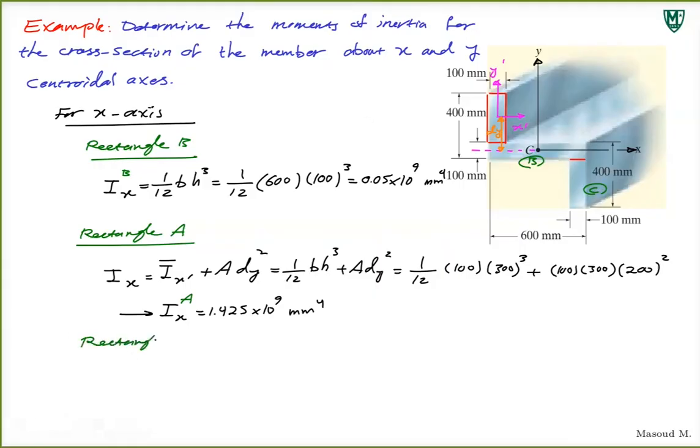Now let's look at rectangle C. Let's clean this up. Let's focus on rectangle C. Let me keep the segmentation here. And this is rectangle A. Now let's go and look at rectangle C. Here is rectangle C. And here are the axes passing through the center.